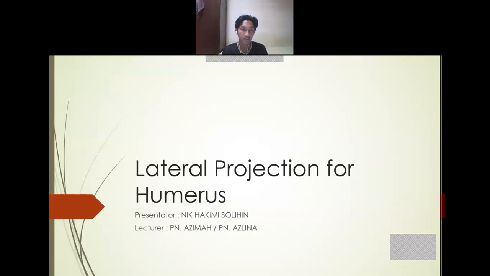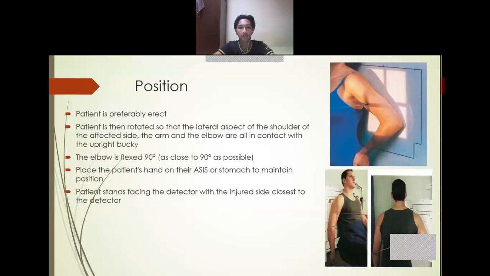Before that, for your knowledge, the features that I will tell you today are the criteria for approving a radiograph using the 7 aspects that I mentioned earlier. It is the placement. We can go to the first slide of this PowerPoint, which is about the position.